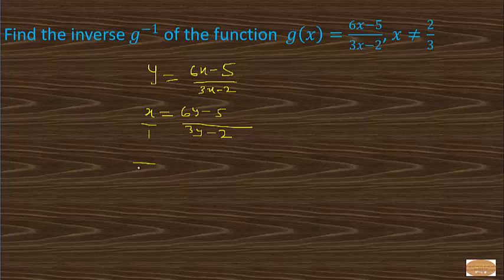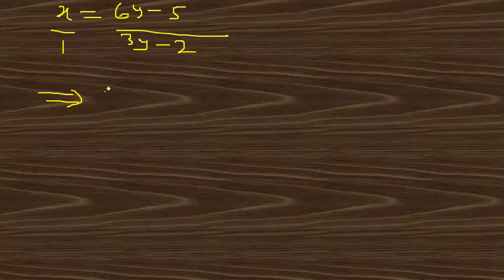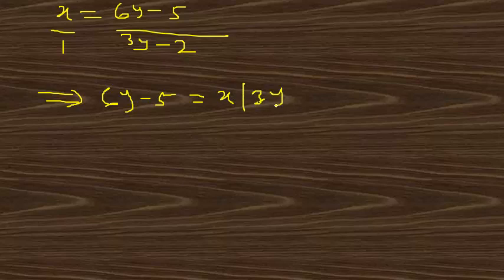So we can make this side over 1, for uniformity's sake, so we can do cross multiplication. So we have 6x minus 3xy equals 5 minus 2y.